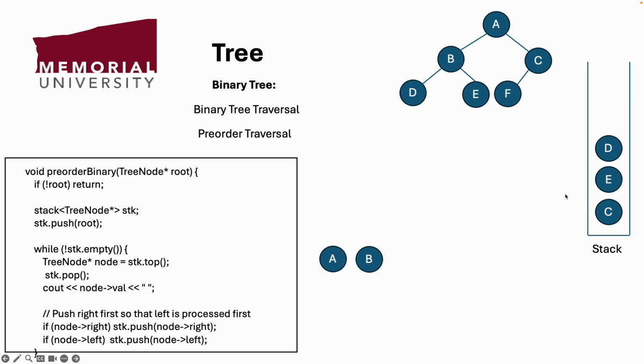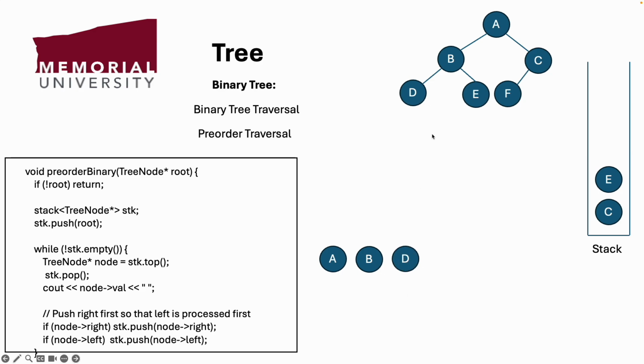So the stack is not empty, so the while loop will keep going. The new node will be assigned to top. It was D, right? And then D is popped up and printed in here.